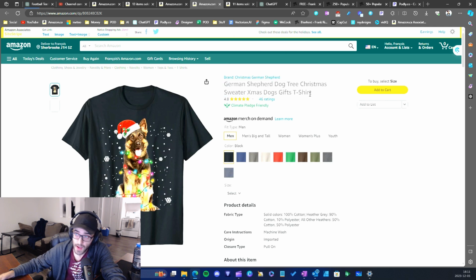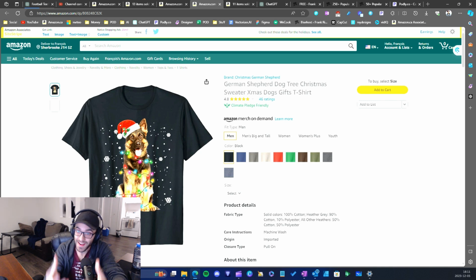And so here I have another design, another product about a German Shepherd dog with Christmas. So in this case, this seller and designer decided to cross the niche of dog, and not just dog. It is a German Shepherd dog, okay?